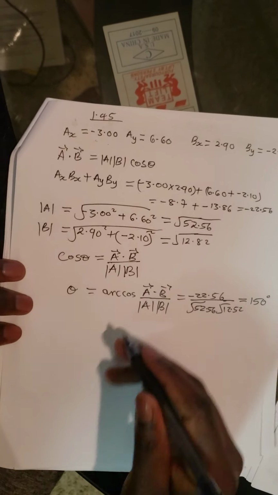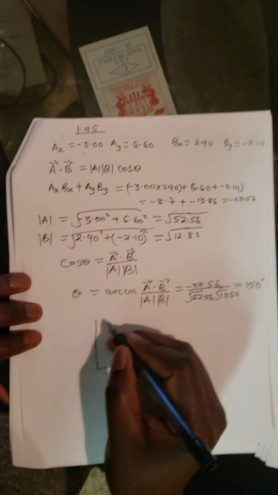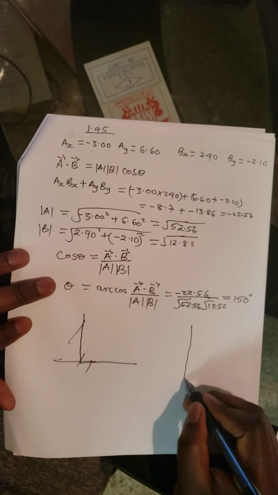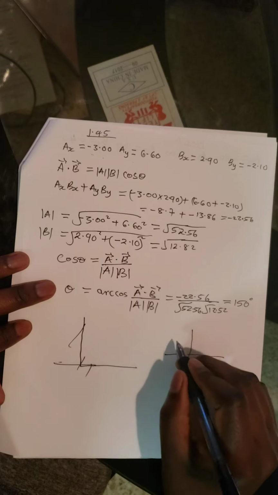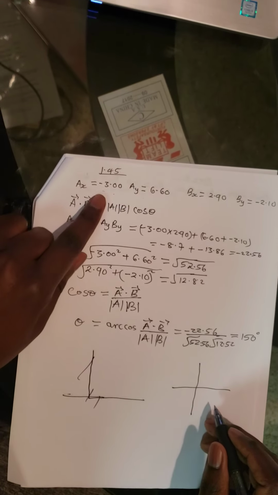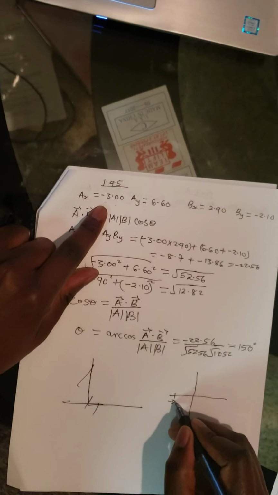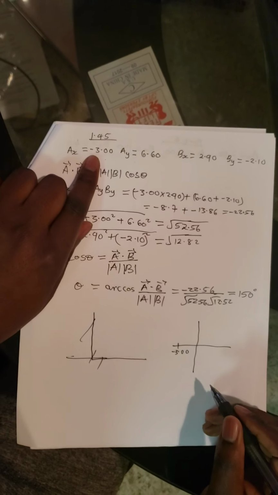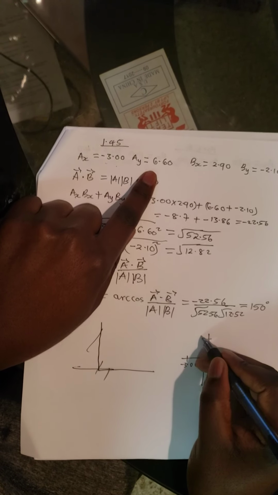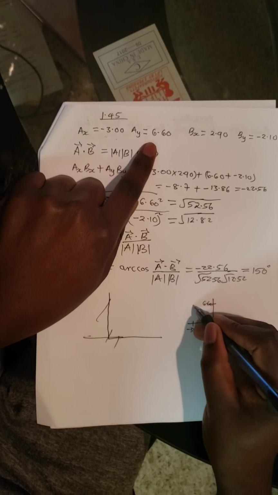Looking at it, if I draw the two vectors, for vector A the x component is negative, which means it's going to come this side. Let's say this is negative 3 in our Cartesian plane, and the y component of vector A is 6.6, somewhere here. So vector A looks like that.